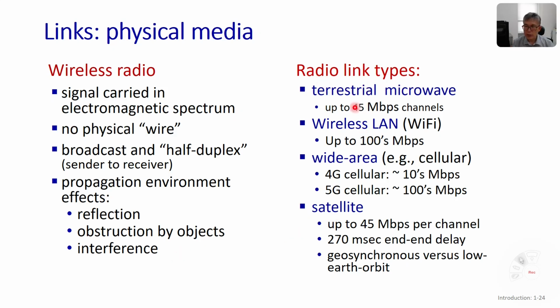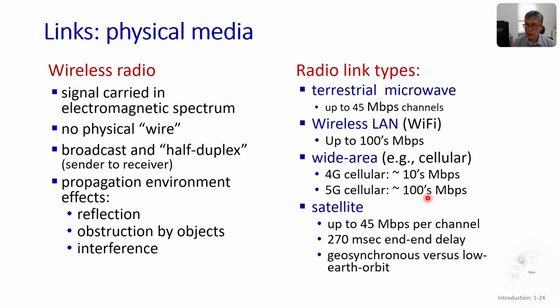For radio link types, terrestrial microwave channels are up to 45 Mbps, wireless LAN or Wi-Fi is usually up to 100 Mbps, and for cellular networks, 4G is up to 10 Mbps, and 5G is 10 times that, such as 100 Mbps.